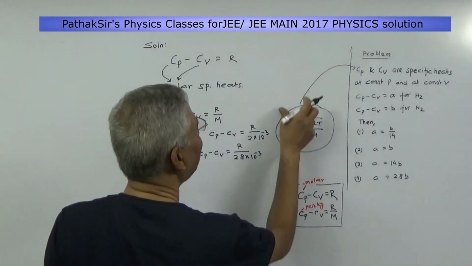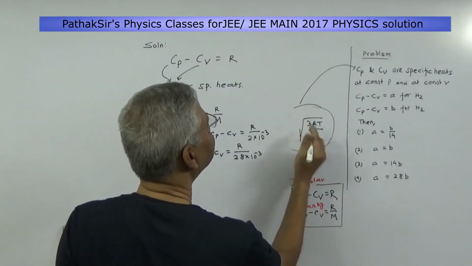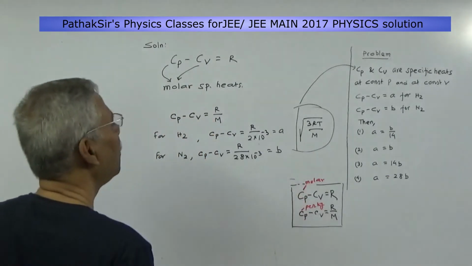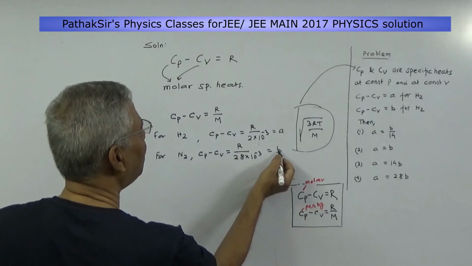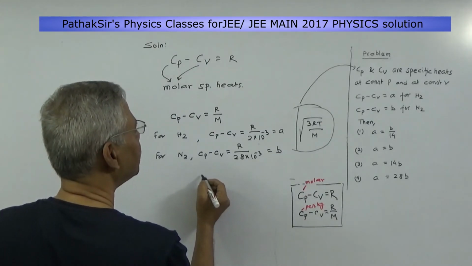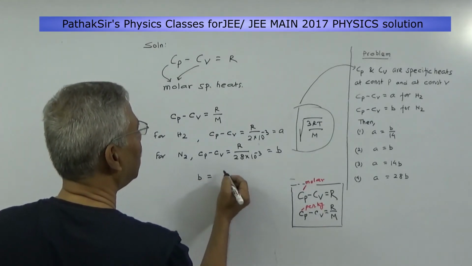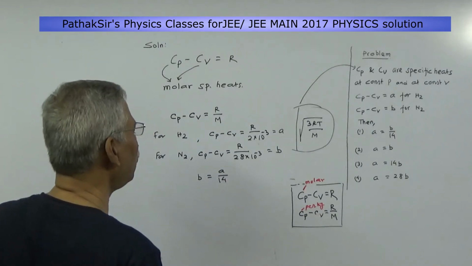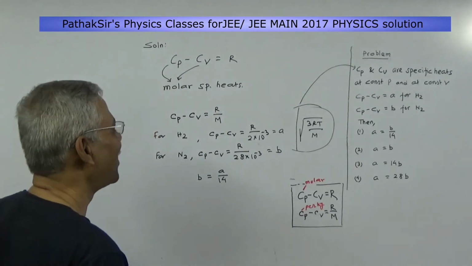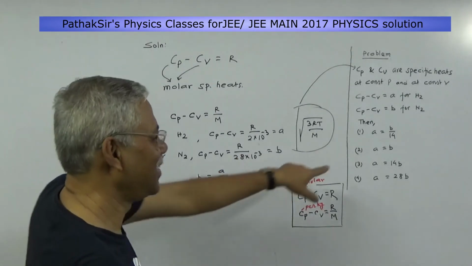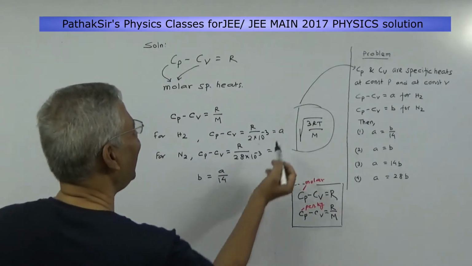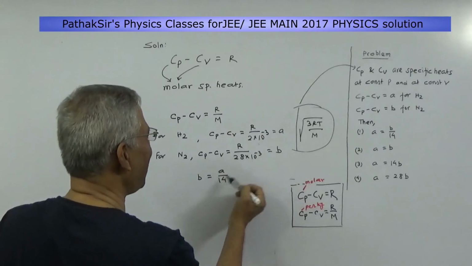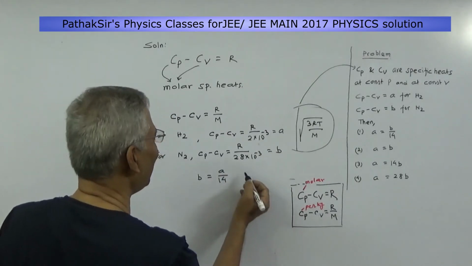Okay, so this is A, this is B. So A equal to R by 2 and B equal to R by 2 into 14. So A by 14, that means A equal to 14B.